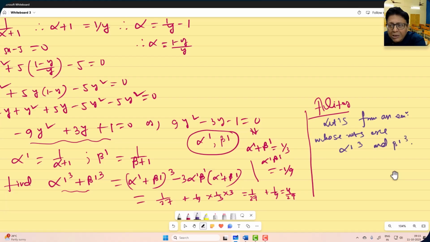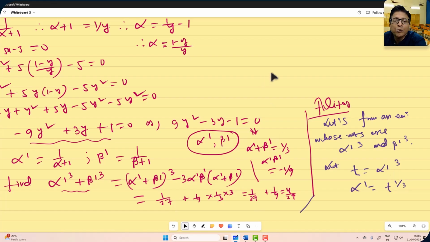How to? You start this way. Let, again, take another variable, t equal to alpha dash cube. Okay. So alpha dash value is what? t to the power 1/3.